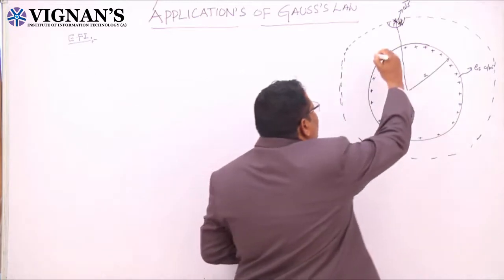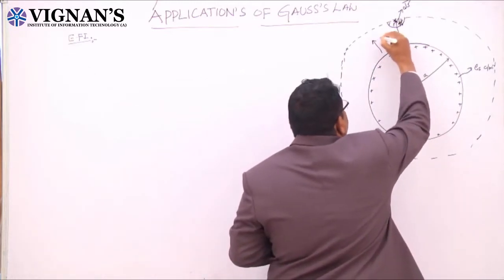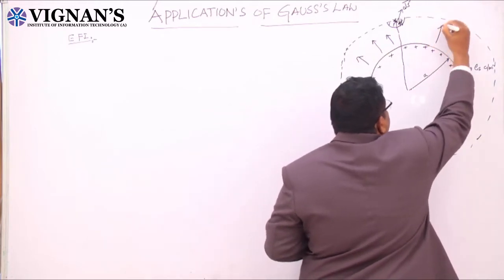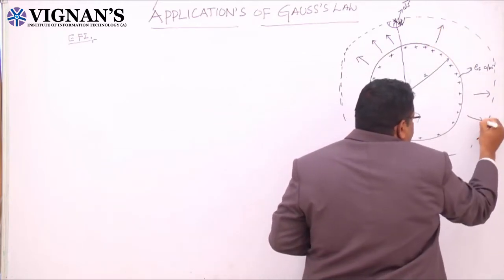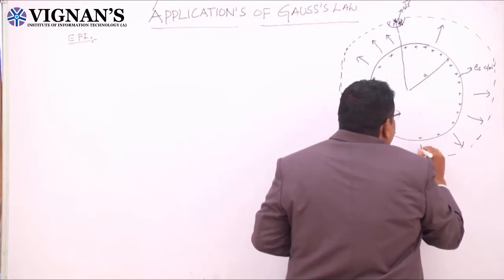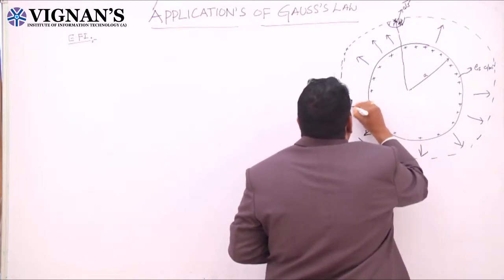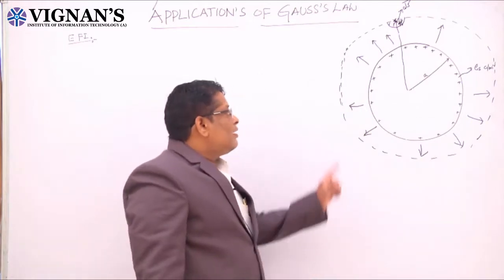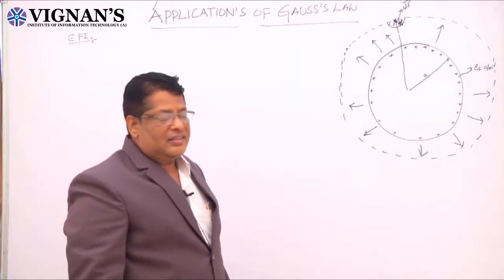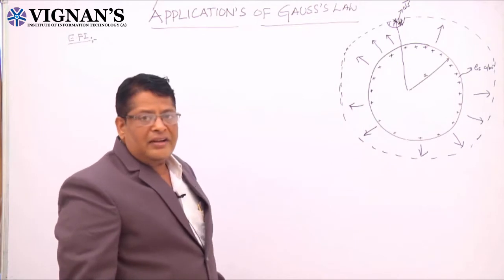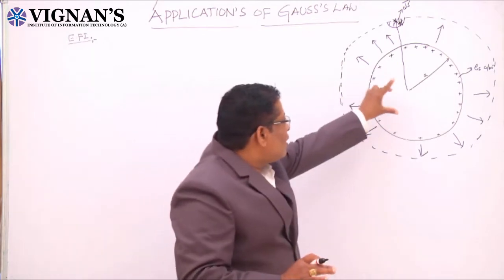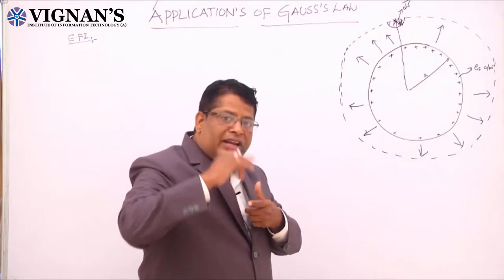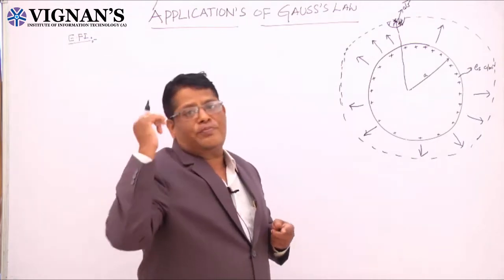The field is always in the radial direction, in this direction only, because we have taken the spherical coordinate system to find the electric field intensity due to the hollow spherical shell. Whatever the field is coming from the shell is always in the direction of the radius of the sphere.